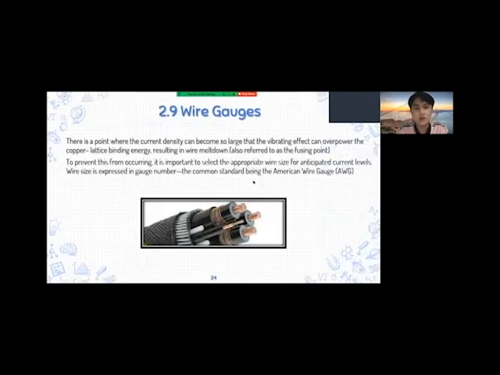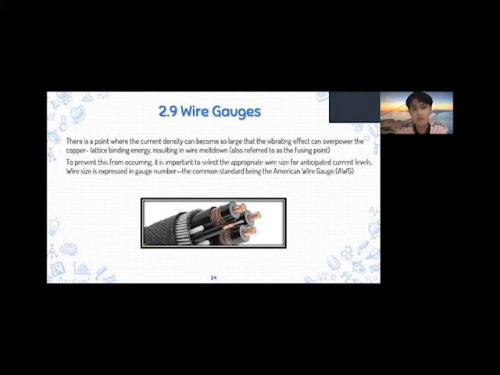Now we talk about wire gauges. There is a point where the current density can become so large that vibrating effects can overpower the copper electron binding energy, resulting in wire meltdown.